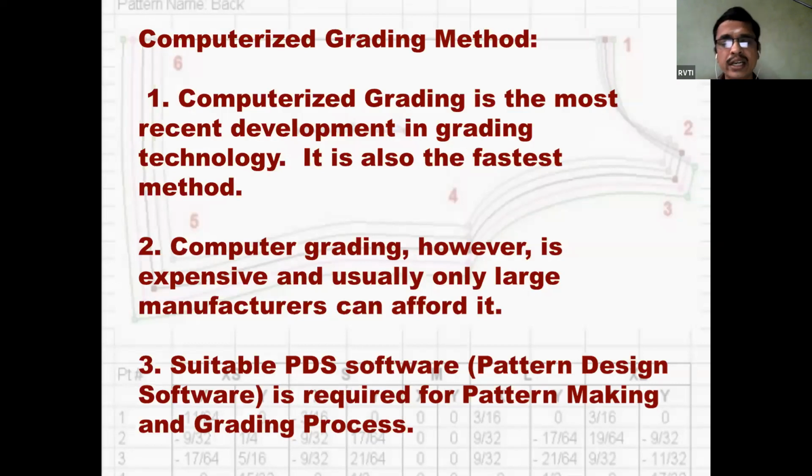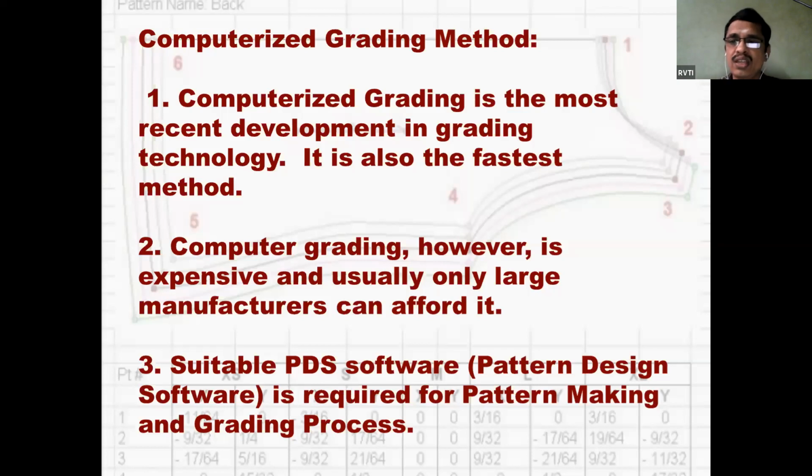For computerized grading, we should have a computer as well as suitable software. The software is PDS, pattern design software. Nowadays a lot of software is available in the market. Somebody may call it a pattern drafting system, somebody may say pattern design system. Normally it is a package where pattern drafting, grading, and marker software are available all together.